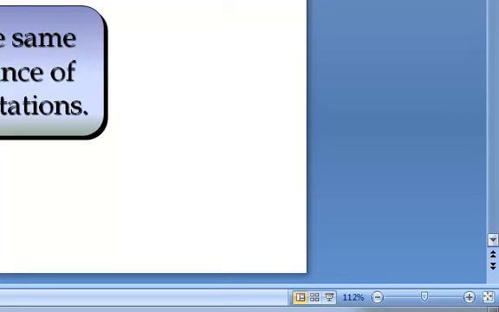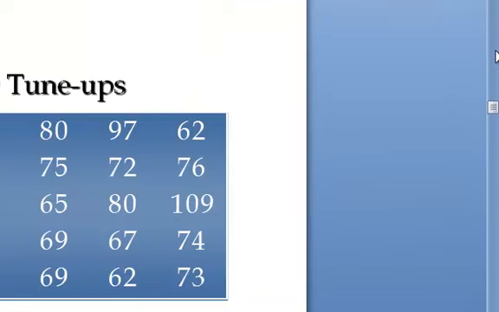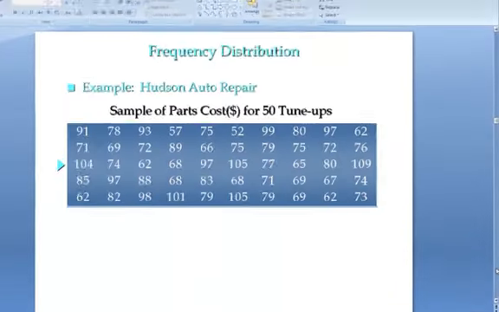Let's go back to the slide and please determine for yourself what the largest and smallest values are by inspection. From my inspection, I think the largest number is 109 and the lowest number is 52. Let us keep these numbers in mind.